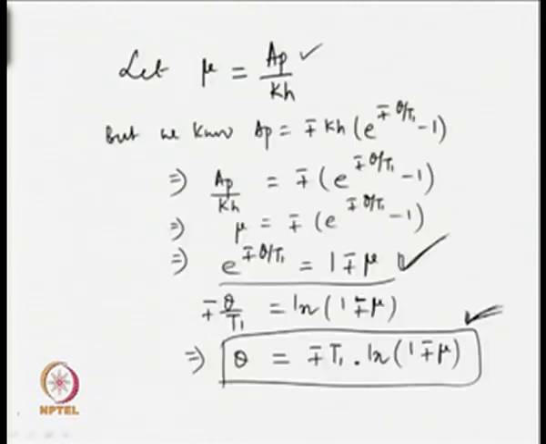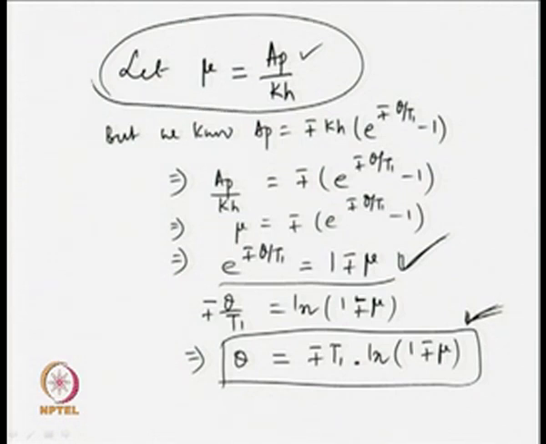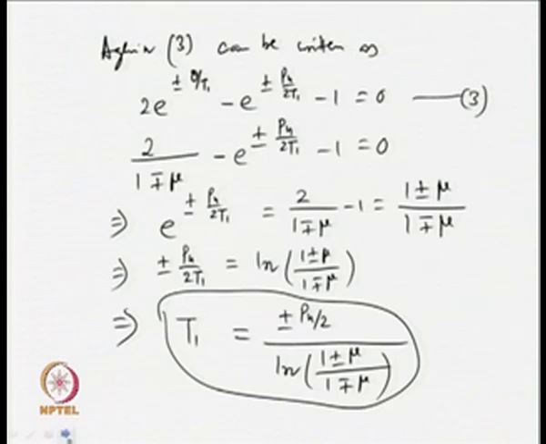Further analysis will be done, and we know that mu is equal to AP by KH. We have taken that approximation. We started our analysis with the assumption of a new variable mu equal to AP upon KH.